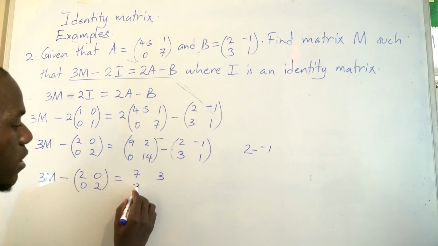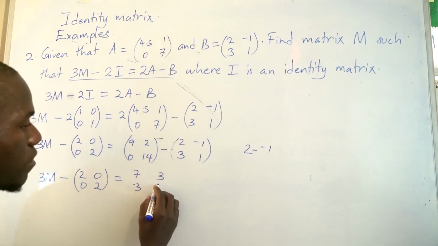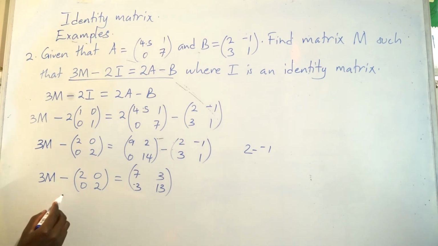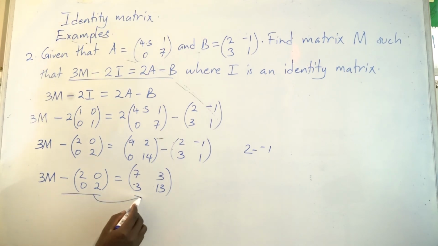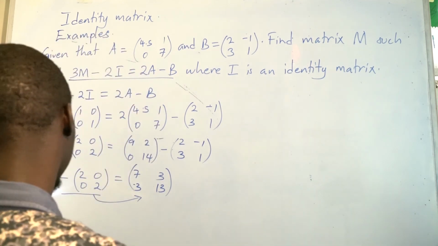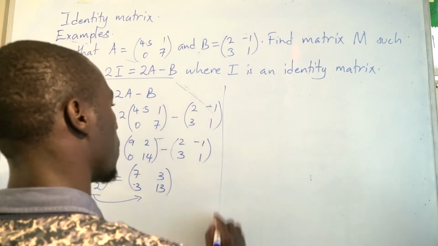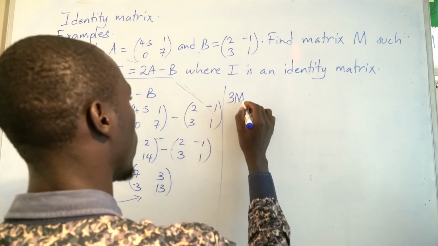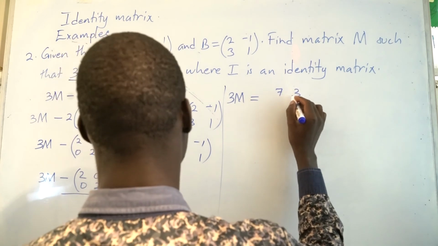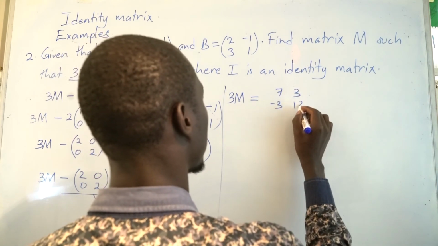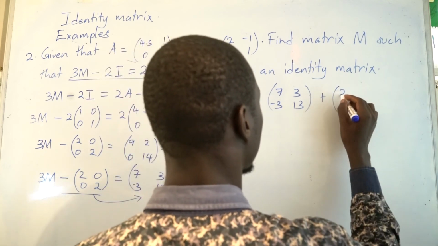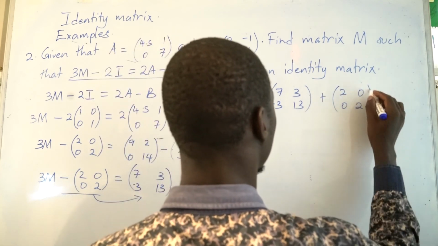Then this one gives me a negative 3. Then this one gives me a 13. Now I can take this matrix here to the other side of the equation. I'm still having my 3M is equivalent now to 7, 3, negative 3, 13, then plus my 2, 0, 0, 2.